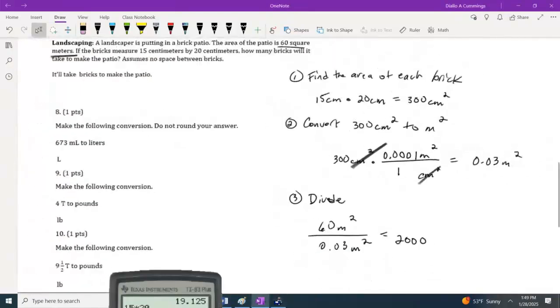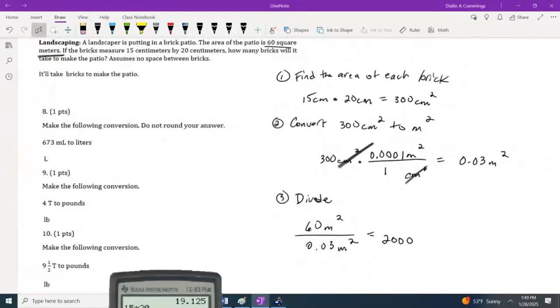And this is probably about the most involved problem on the test, because the first thing is it gives you different units of measurement. So the first thing we had to do is find out the area of each brick in square meters, right? So we multiply 15 centimeters times 20 centimeters.